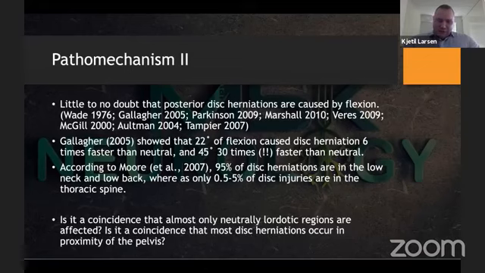Is it a coincidence that most disc herniations happen in neutrally lordotic structures? We know that thoracic spinal disc herniation, for example, has a prevalence of about 1 in 1,000. So most disc herniations, actually 95 percent or more, happen in the low back or in the neck, neutrally lordotic spinal areas.